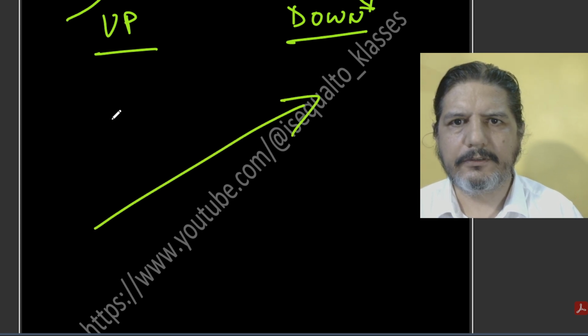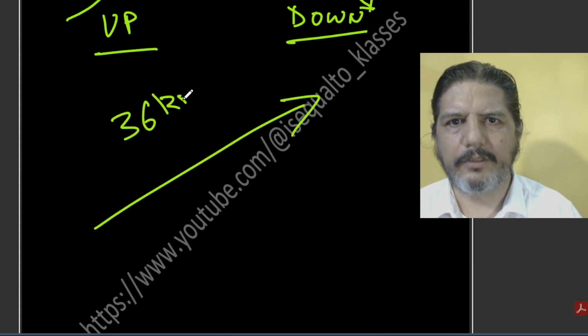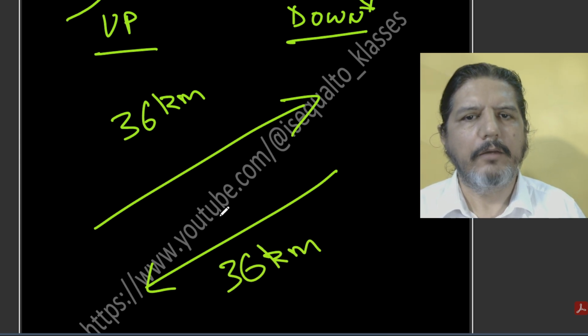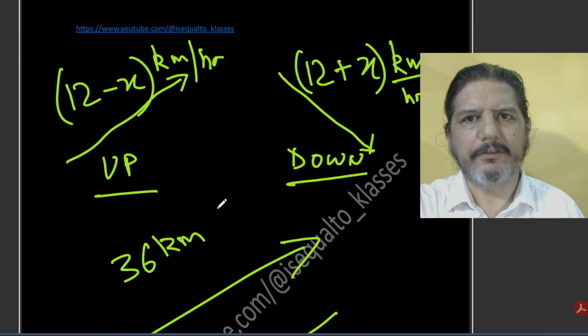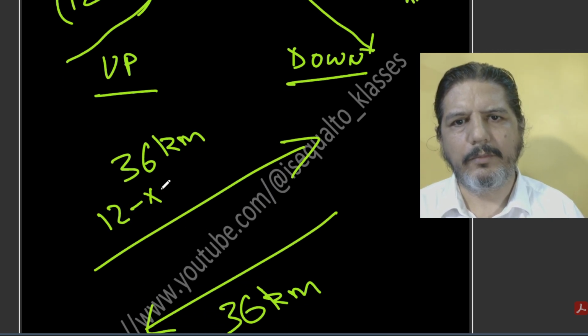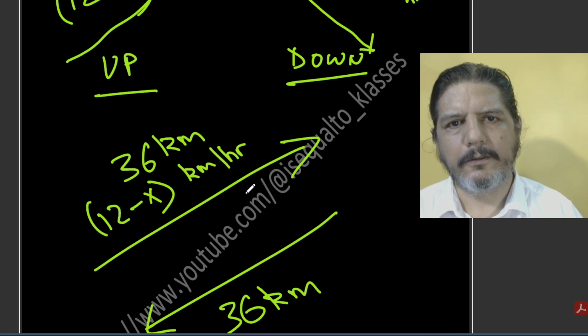He goes 36 kilometers upstream. He comes 36 kilometers downstream. When he goes 36 kilometers upstream, his net speed is 12 minus x kilometer per hour. And here it is 12 plus x kilometer per hour.